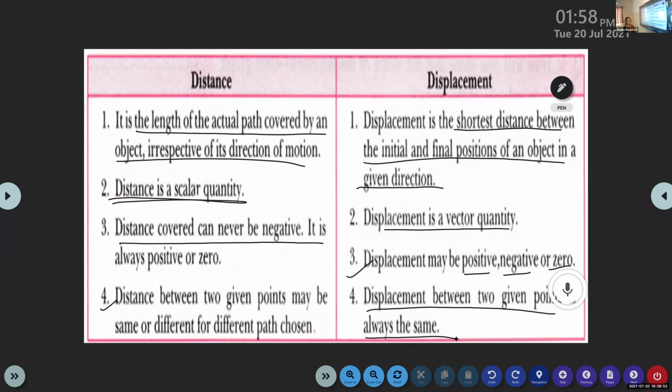Its SI unit is meter and dimension is L. Or in similar terms, we can say displacement is a distance with a definite direction. It is the shortest distance, the shortcut that we choose for our motion. That is what is known as displacement.